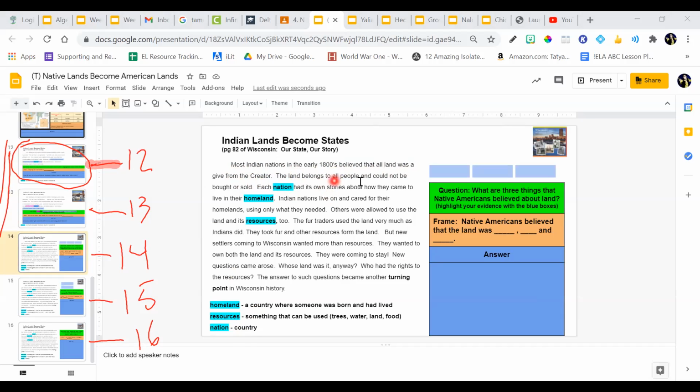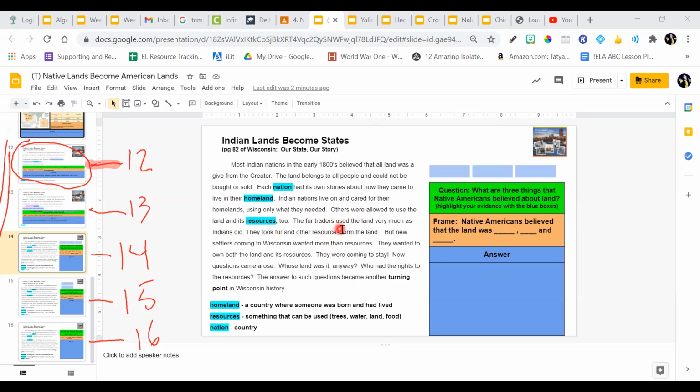The land belongs to all people and could not be bought or sold. Each nation had its own stories about how they came to live in their homeland. Indian nations live on and care for their homelands, using only what they needed. Others were allowed to use the land and its resources too.